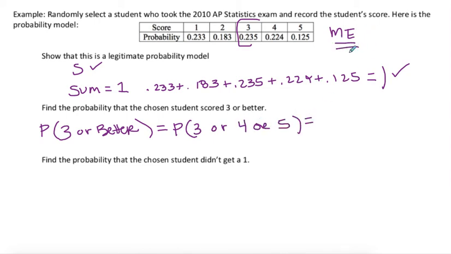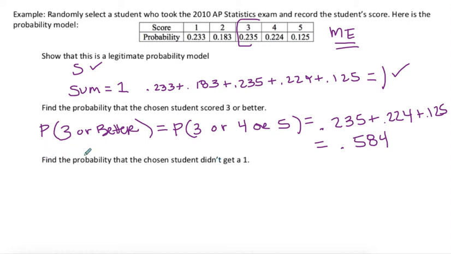And because these are mutually exclusive, we can add those up. You can't have any overlap. So we'll take the individual probabilities of the 3, of the 4, and of the 5, and add those together to get 0.584. So in 2010, there was a 58.4% chance that you would pass, getting a 3, 4, or 5 on the AP exam.